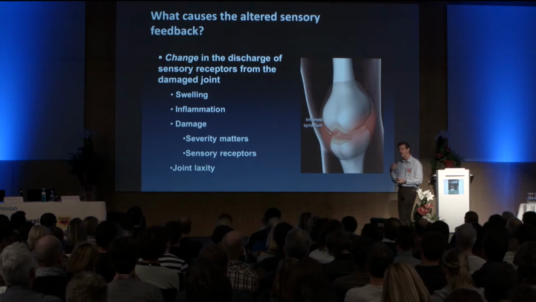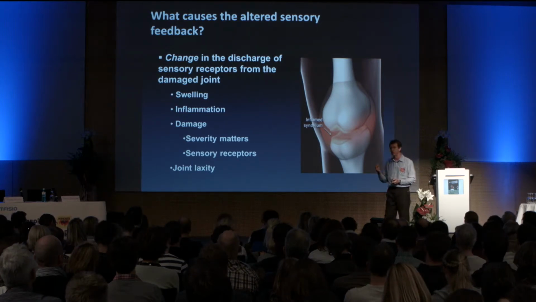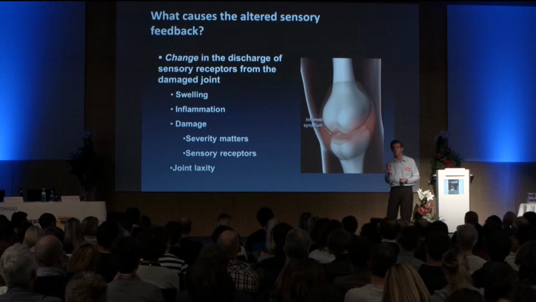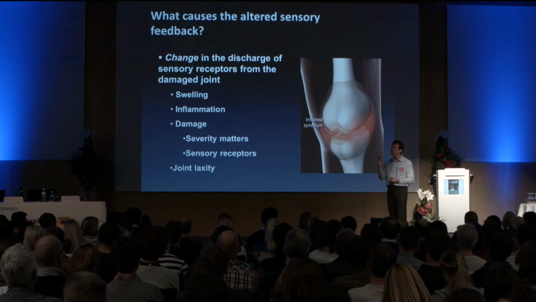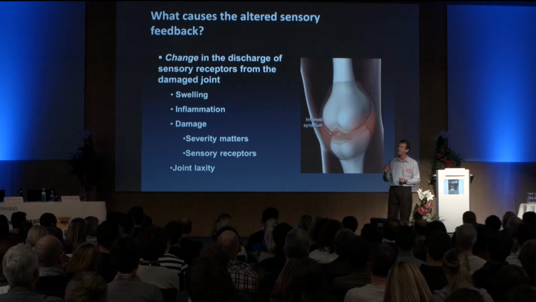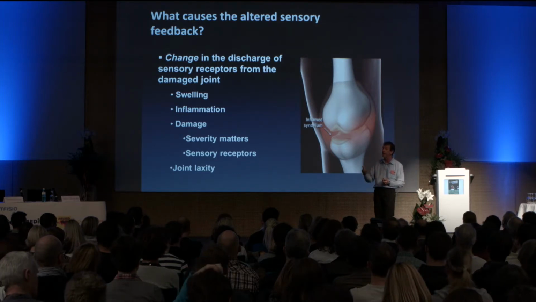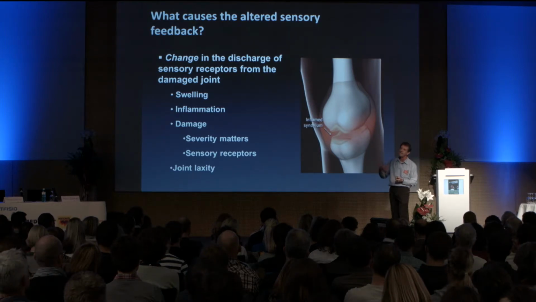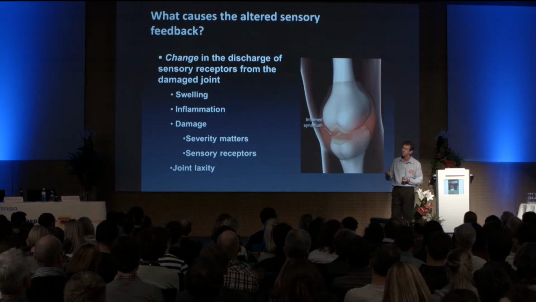Some of the experiments that I've done, we've put saline and dextrose into the knee joint. You can put as little as 10, 15 mils into the joint and you will start to see decreased activation from vastus medialis. And if you go a little bit further and get up to 20 to 30, you'll start to see vastus lateralis kick in, the other muscles, etc.